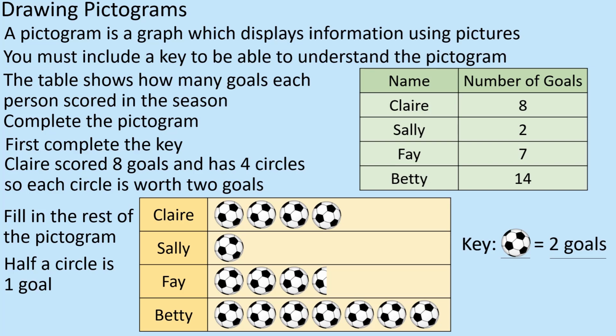I don't know, it's up to interpretation. As long as my key is there, then there's no argument. But if I got rid of that key and asked how many goals Claire scored, I'm sure you would have said 4. But of course, the key says it's 2 lots of that, so Claire scored 8. So the key is absolutely critical in talking about a pictogram.